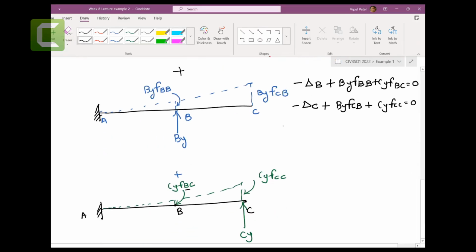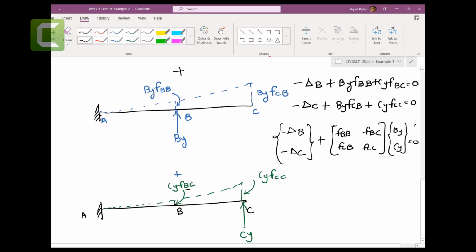You can put it in matrix format: delta B, delta C, minus, plus the matrix FBB, FBC, FCB, FCC times BY, CY equal to 0. Right? I hope you understand that, right?